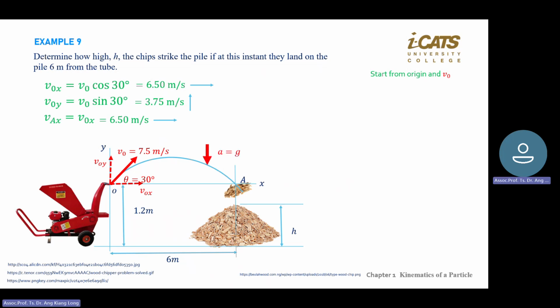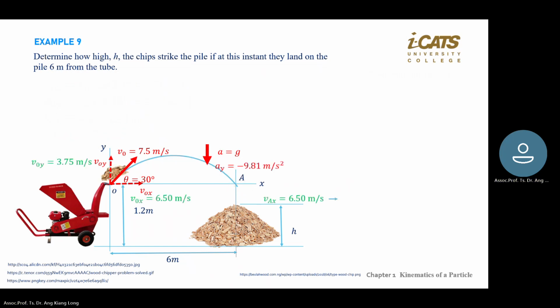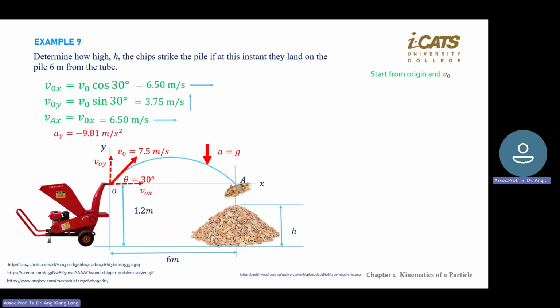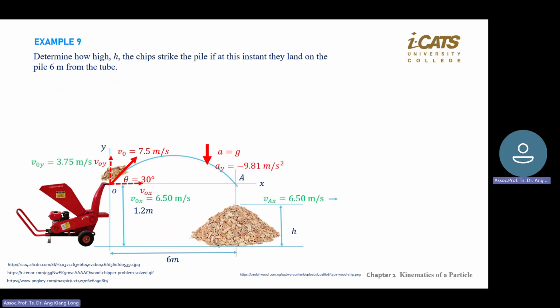And remember, label your acceleration going down, and the magnitude is equal to g, 9.81. So here I write AY equal to minus 9.81, because it's going down and our axis going up is positive. Once we have all the information, you put it inside your diagram.